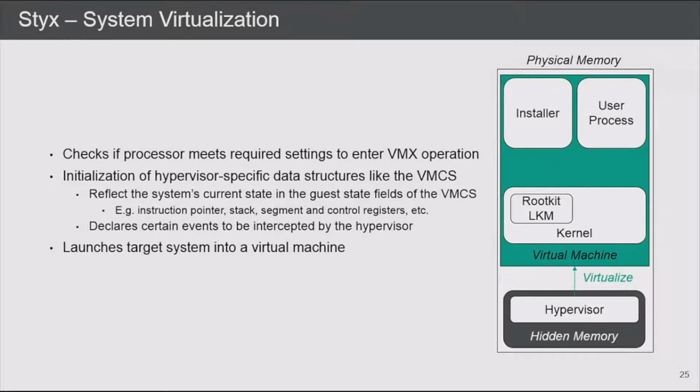And in order to virtualize an already running system, we need to reflect the system's current execution state in the appropriate guest state fields of the VMCS. So we, for example, need to mirror the current instruction pointers, stack, as well as segment or control registers. Furthermore, the VMCS can be used to declare certain events that should be intercepted by the hypervisor during runtime. And finally, we can launch our system into a hardware-based virtual machine.